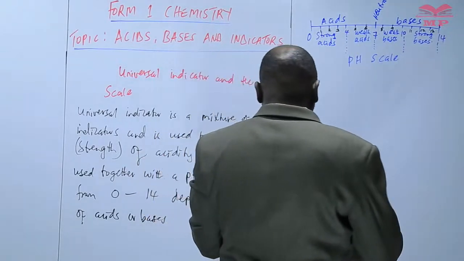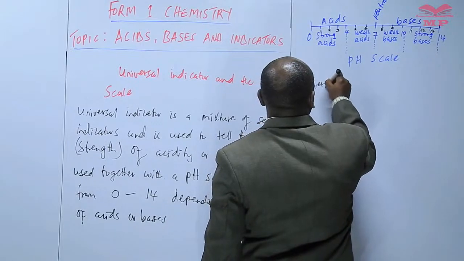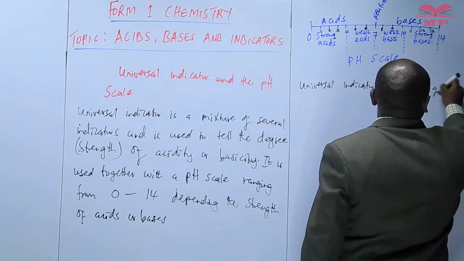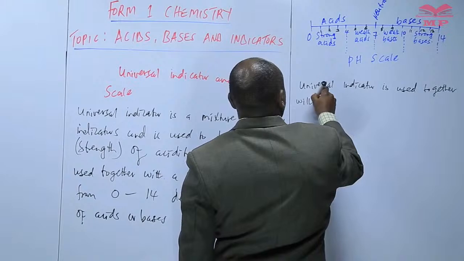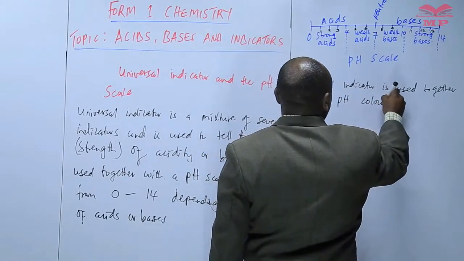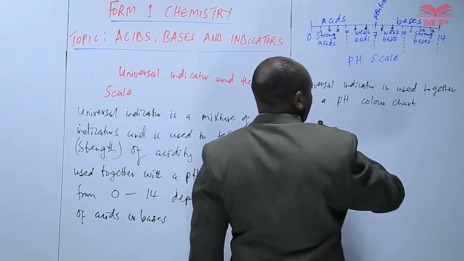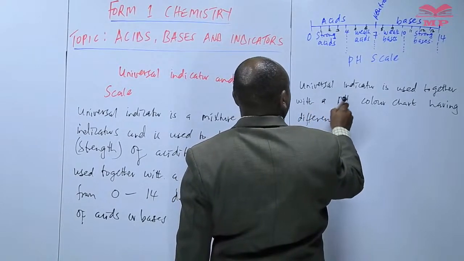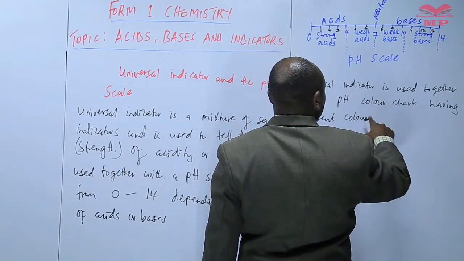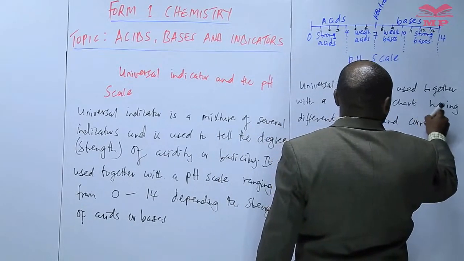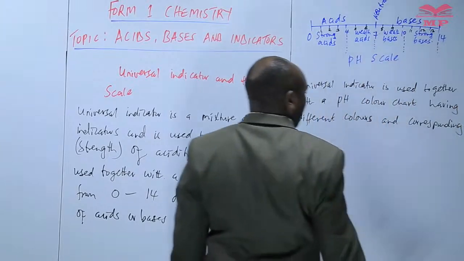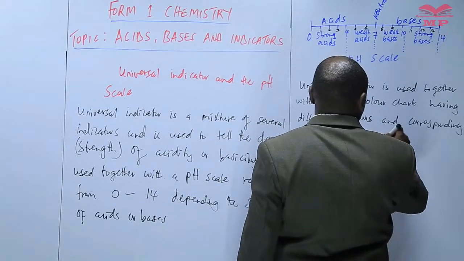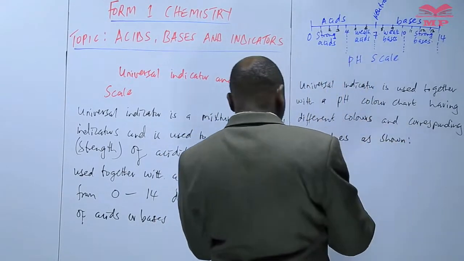So we can say that the universal indicator is used together with a pH color chart having different colors and corresponding pH values, as shown below.